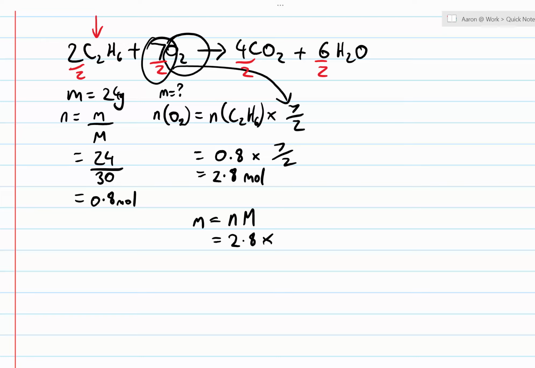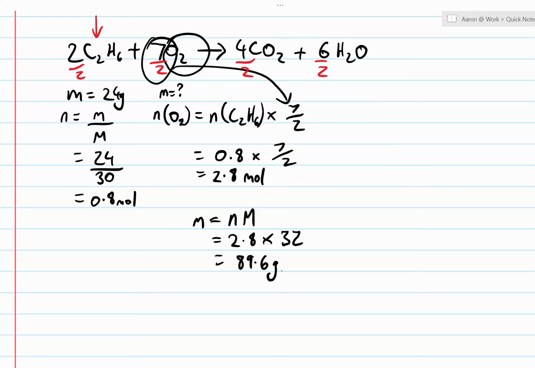O2 is 2 oxygens, so that would weigh 32. So 2.8 times 32 gives us 89.6 grams. So if we have 24 grams of ethane, it requires 89.6 grams of oxygen to completely combust that.